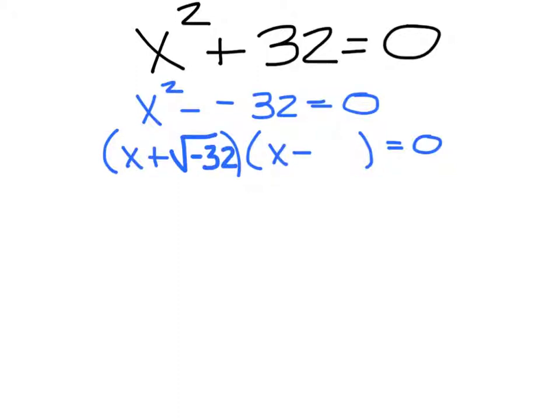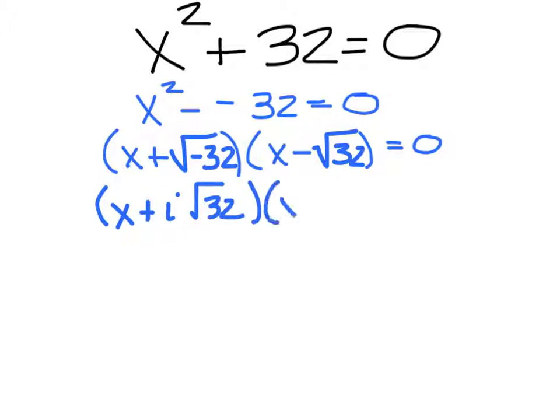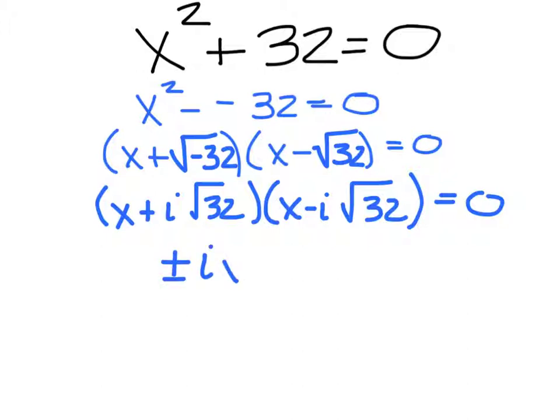Square root of negative 32. Okay, now what? Make it x plus I square root of 32 and minus I square root of 32. Right. So then we'll have plus or minus I square root of 32.